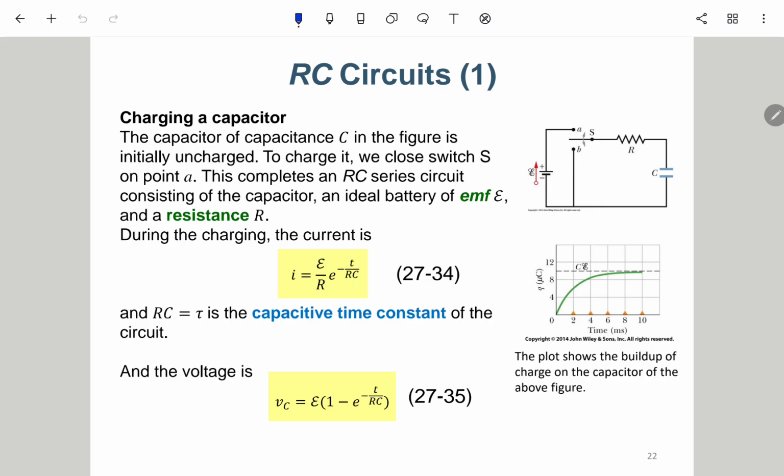Okay, so here comes the RC circuit, just similar to the RL circuit in chapter 30.